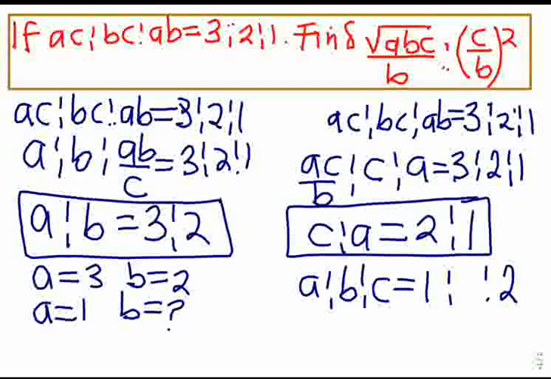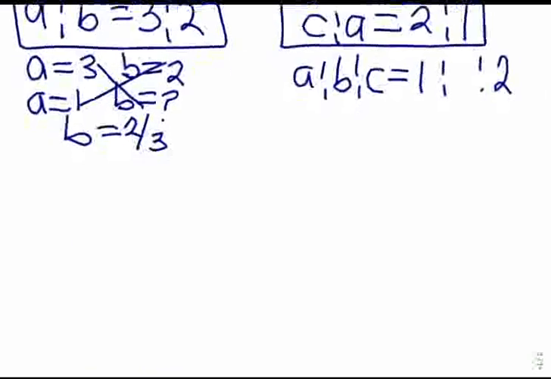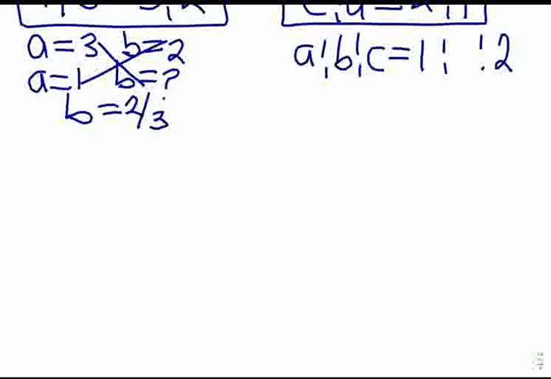A is 3 when B is 2. So when A is now 1, B would be what? I'm going to cross multiply. This is a direct proportion. And then when you cross multiply, our B will be equal to 2 over 3. So I'm going to put the 2 over 3 in here.